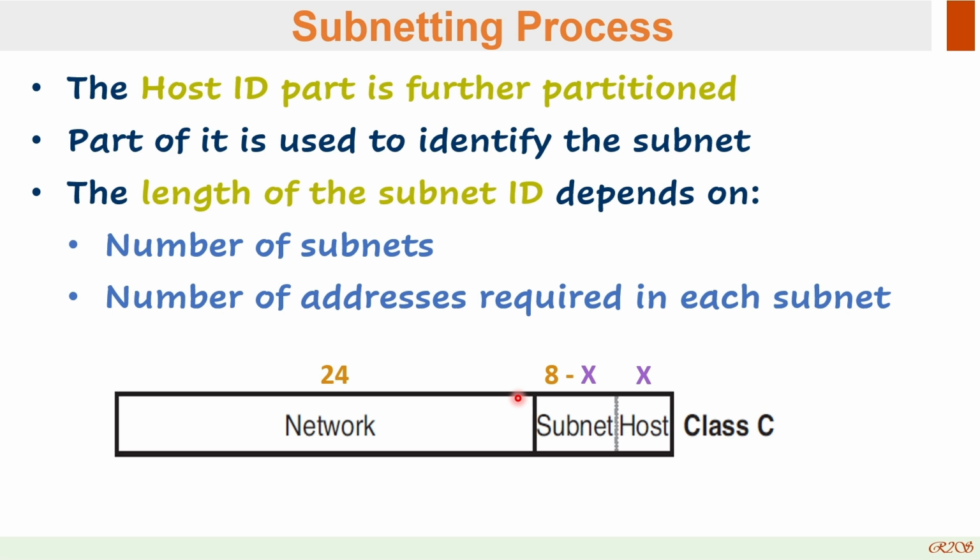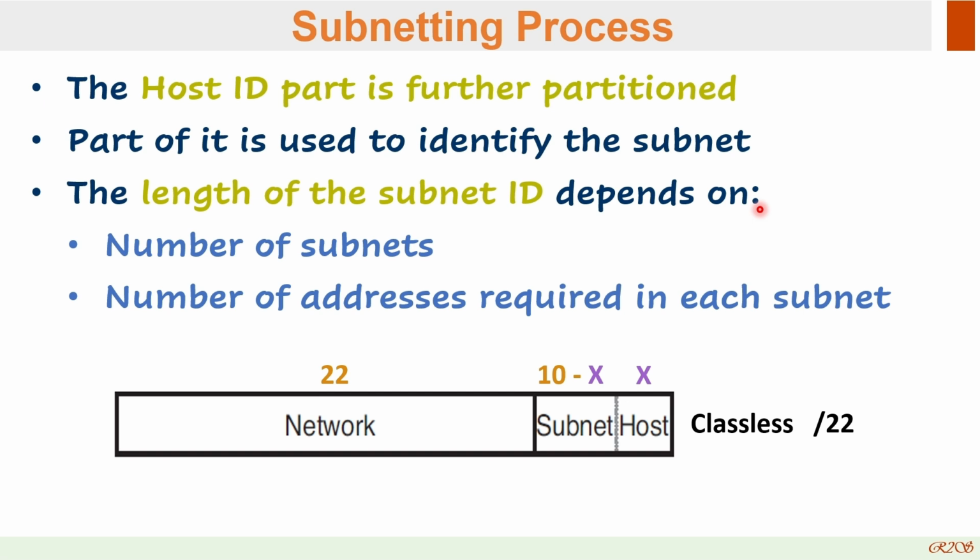If it is class C, we have 24 bits for the network address. Out of the remaining 8 bits, if we say X bits for host, then 8 minus X is our subnet address. If it is CIDR or classless, consider 22 bits for the network address and X bits for the host address, so 10 minus X is for your subnet address.